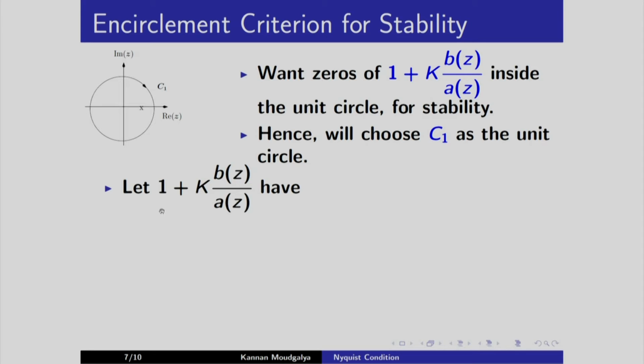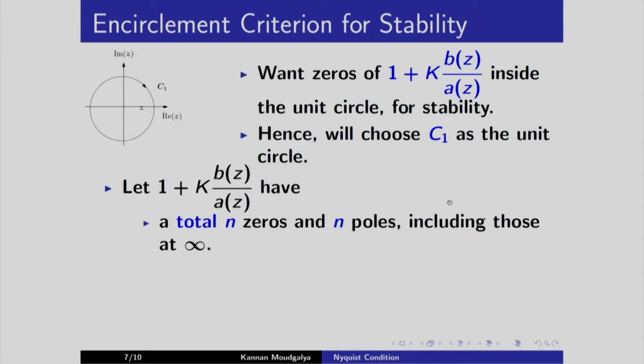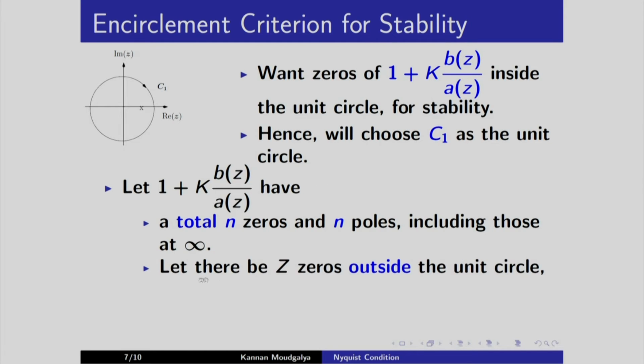So now let 1 plus KB by A have a total of n zeros and n poles, including those at infinity. Let there be Z zeros outside the unit circle.